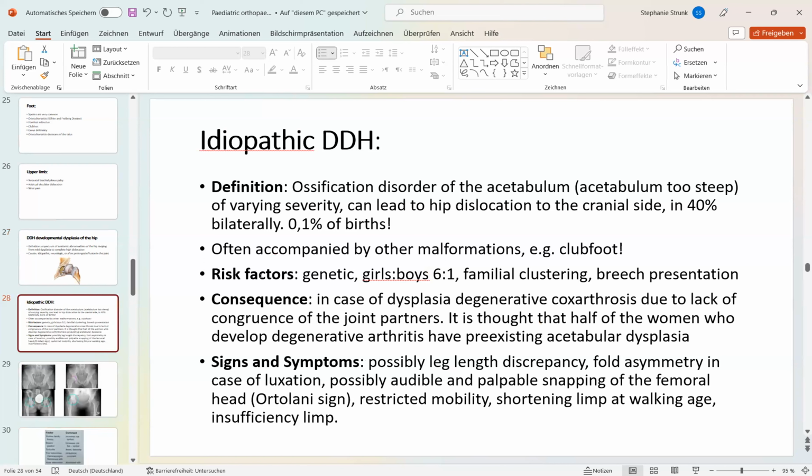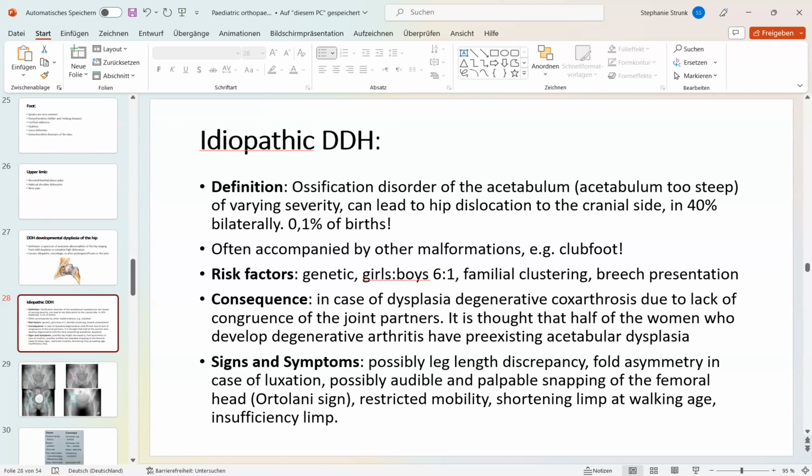So again, idiopathic DDH is an ossification disorder of the acetabulum. The acetabulum is too steep to contain the femoral head. There's varying severity, and it can lead to hip dislocation to the cranial side. In 40% of the cases, it's bilateral.